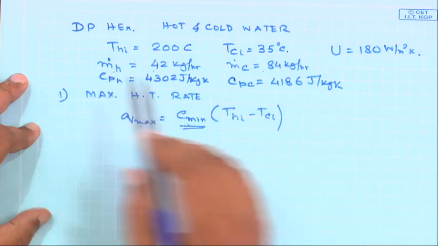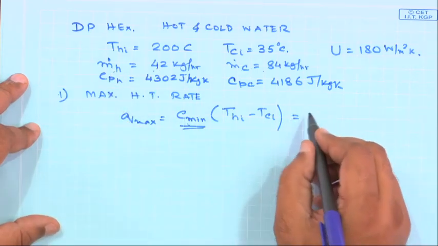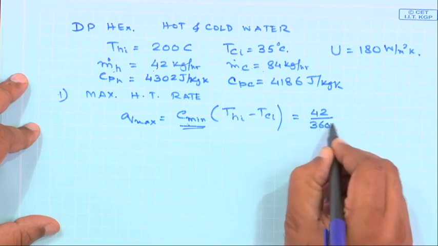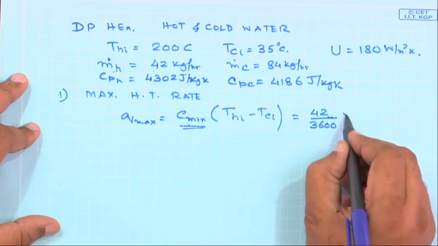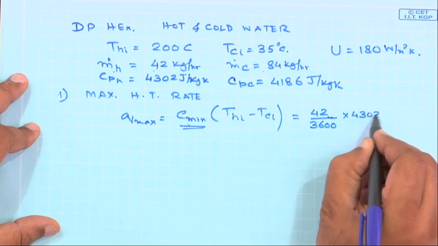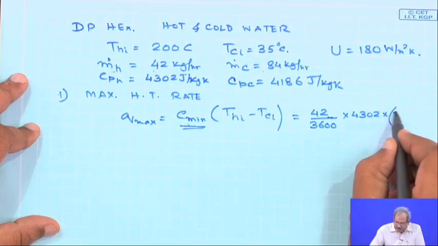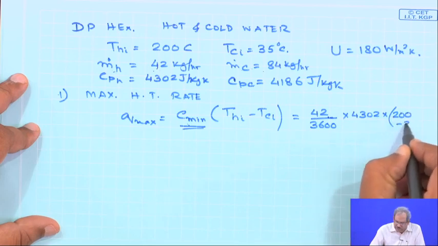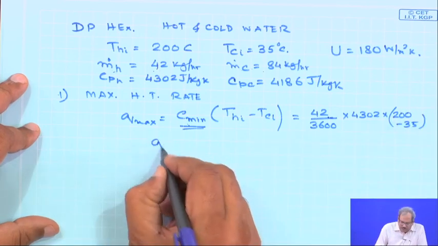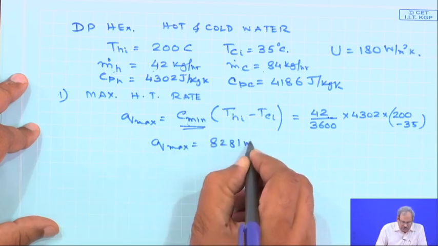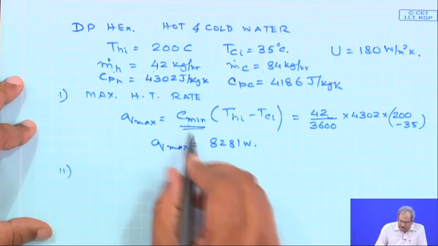So, C minimum is the hot one. Putting in 42 kg per hour, that is 42 by 3600 kg per second, multiplied by 4302, the Cp of the hot fluid, multiplied by the maximum delta T, which is 200 minus 35, Q max is equal to 8281 watt. So, that is straightforward.